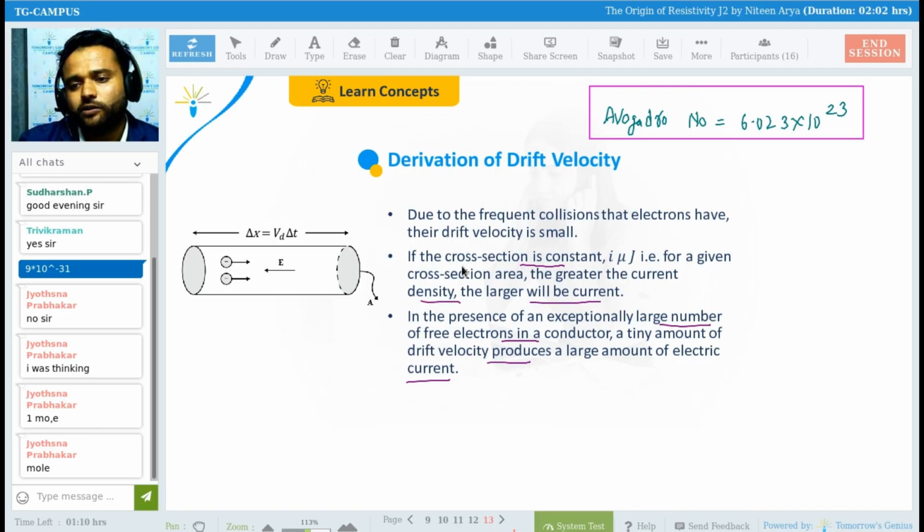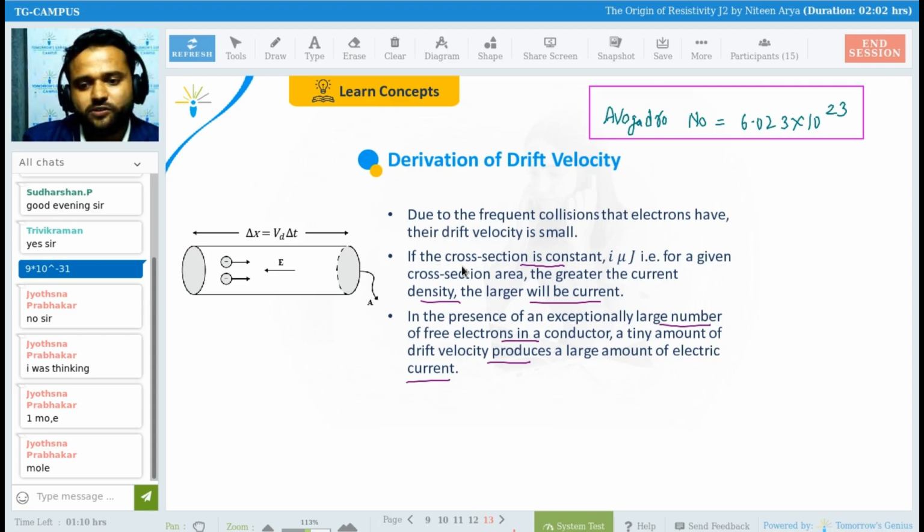Even if the drift velocity is 10 to the power minus 6 or minus 10, multiply with this much number and you get a very high effect. That is going to generate the current, because current is nothing but the flow of charged particles. So a high amount of electric current is generated even with very small drift velocity. That is the meaning of this sentence.